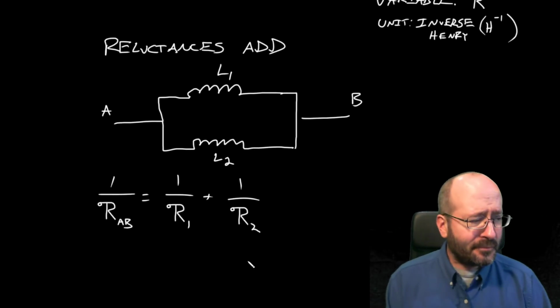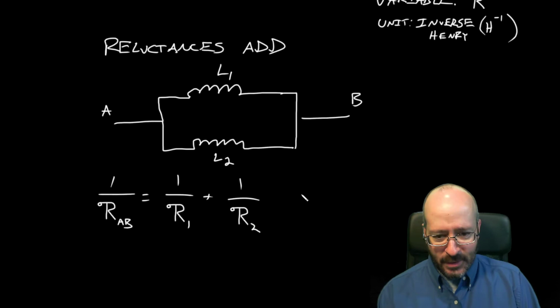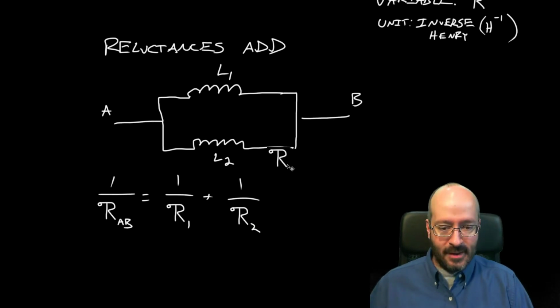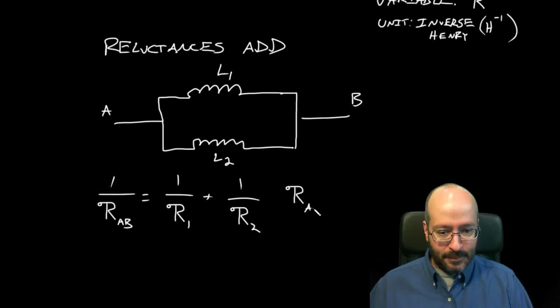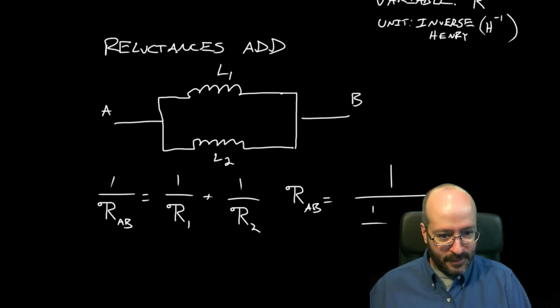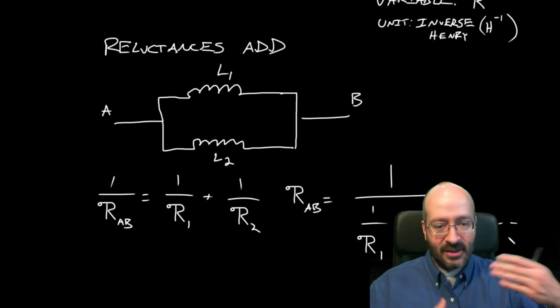And then of course we solve that for R_AB, so it just ends up being 1 over the first one plus 1 over the second one.